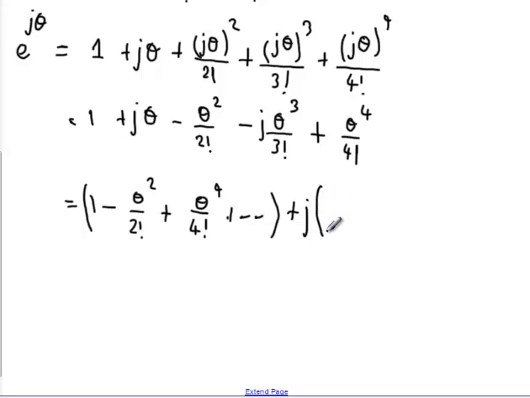Let's take those entities with j: theta minus theta cubed over 3 factorial.